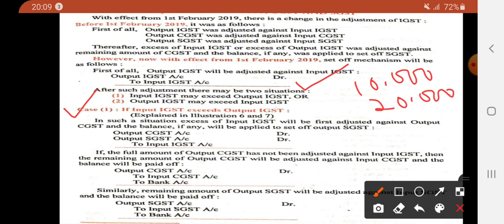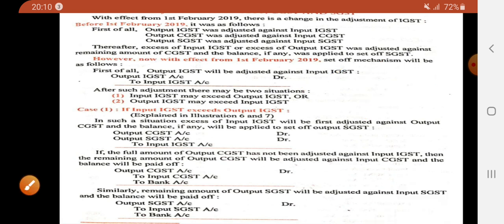So this is your output, that means the collection came as 10,000, but your input is 20,000. So first we will adjust your collection. So output IGST to input IGST will be 10,000 and 10,000. Now the remaining 10,000 will be adjusted with CGST, which I have done in the numericals, where you will understand.